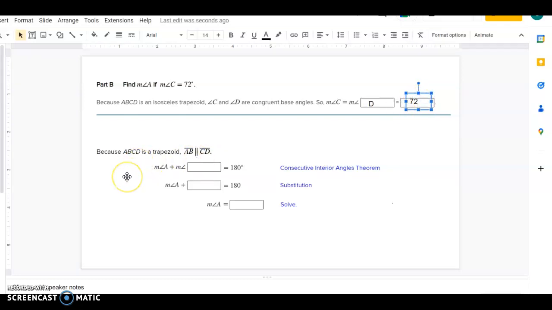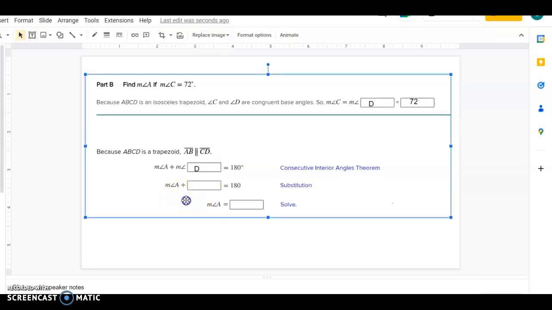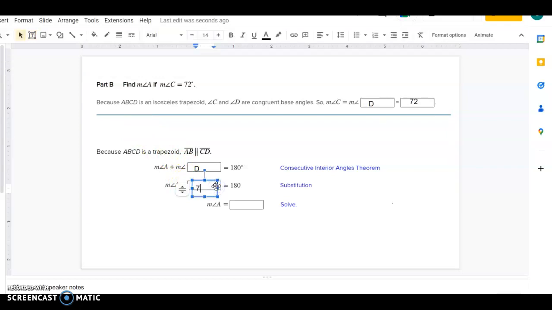Then it says because ABCD is a trapezoid, AB is parallel to CD. So angle A and angle D will add up to 180. So I don't know what angle A is, but I know what angle D is. So D is 72.